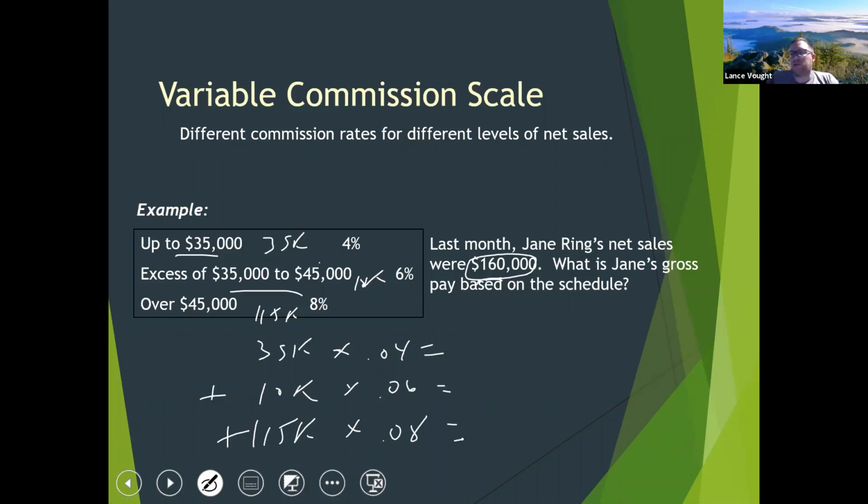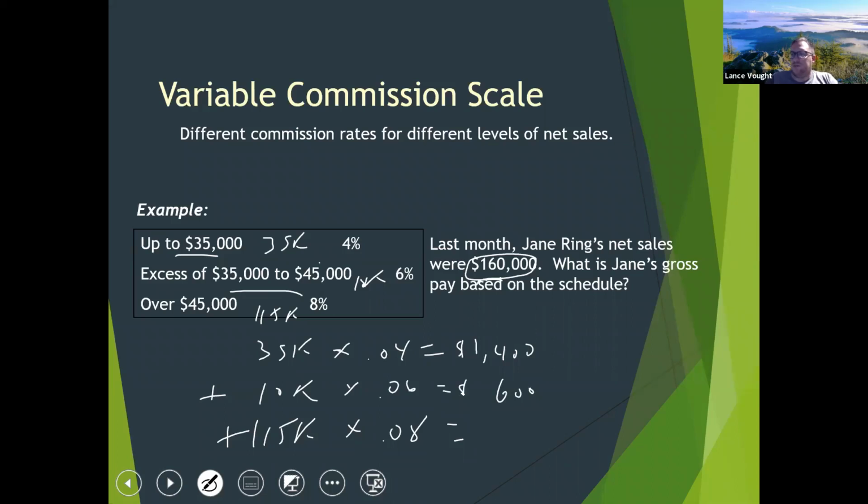So when we do this calculation, we get 35,000 times 0.04, which gives us 1,400. Then we do 10,000 times 0.06, which is going to give you 600.